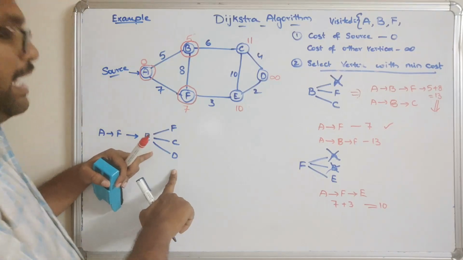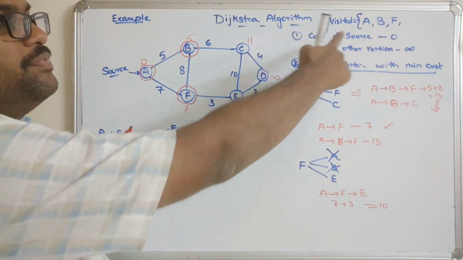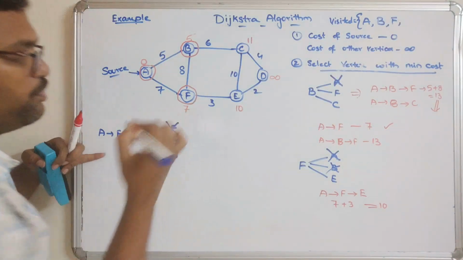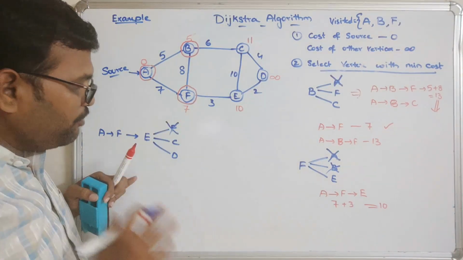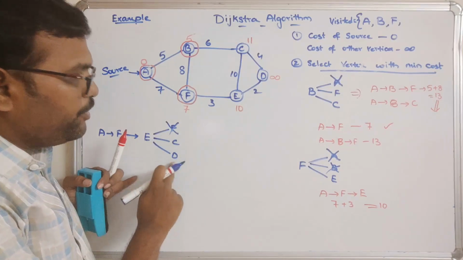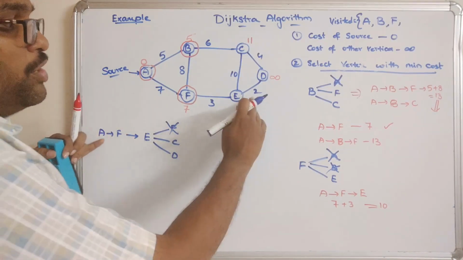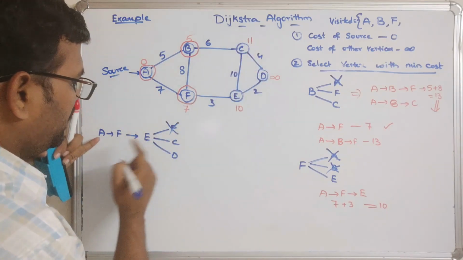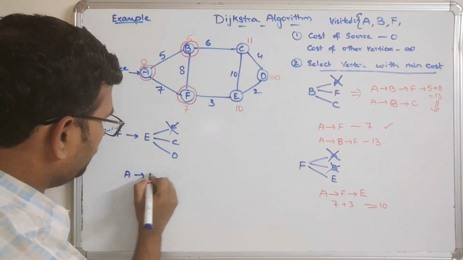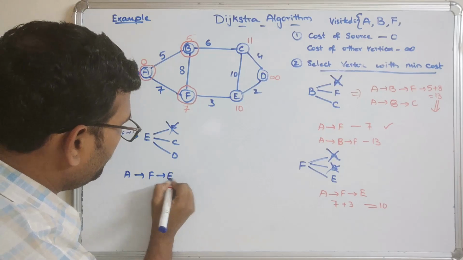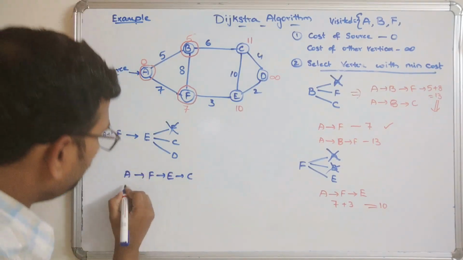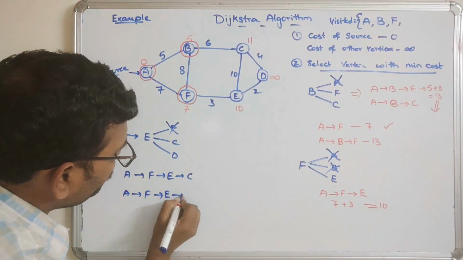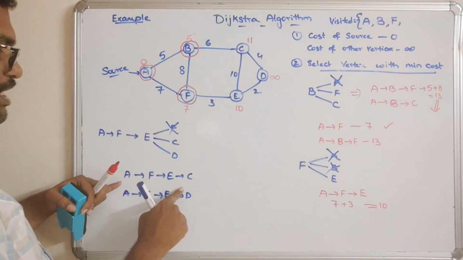So here any vertex in the visited? Yes, F is already visited, so you need not worry about this one. So we have to find out the cost for E to C and E to D. E to C means A to F, F to E, E to C. Similarly, A to F, F to E, E to D. So what is the cost here?